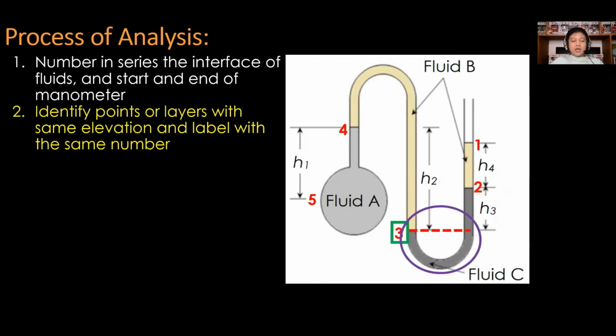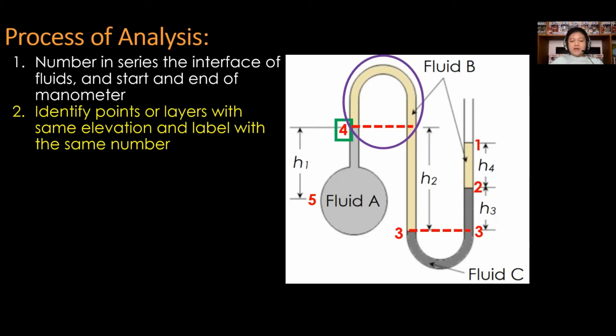Next is point 3. For point 3, it intersects same fluid below, that is fluid C, and only one fluid within the manometer. Therefore, qualified, and mark the other end as same point, that is point number 3. Next is point 4.